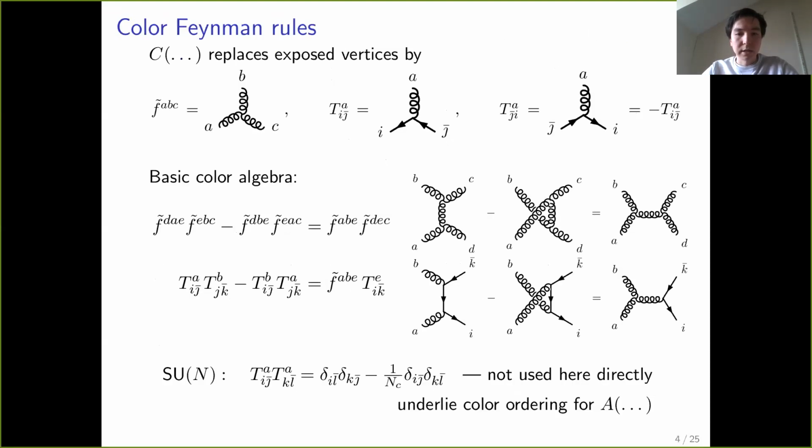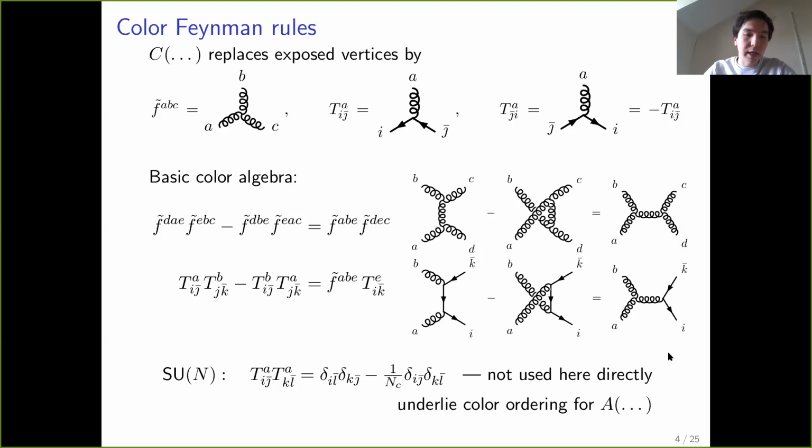And here I will be always drawing Feynman rules for color, which means that all the gluonic vertices are basically just structure constants, and all of the vertices with arrows are some general representation generators. So, for example, in this language, the basic color algebra, the Jacobi identity and the commutation relations are written just as presented here.